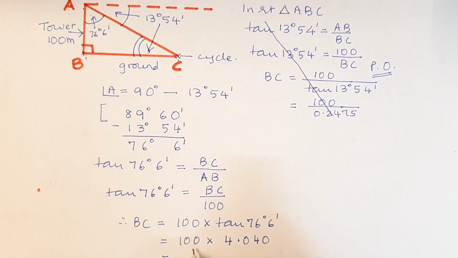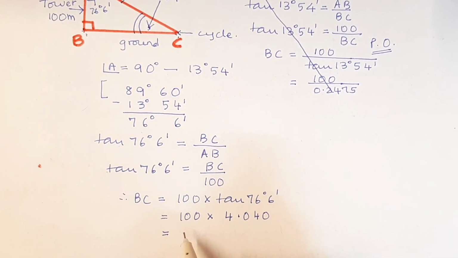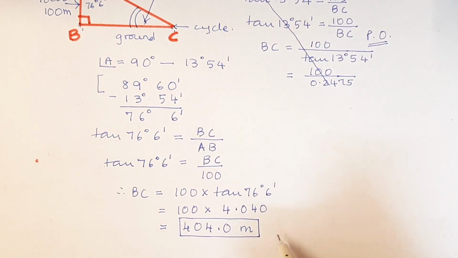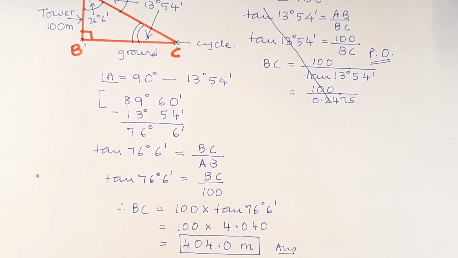Now with this 100, I'll use these two zeros to shift the decimal, and I will have 404.0 meters, and that is the distance of the cycle from the foot of the tower, and that is our answer. So I hope you found this video helpful. Thank you for watching.